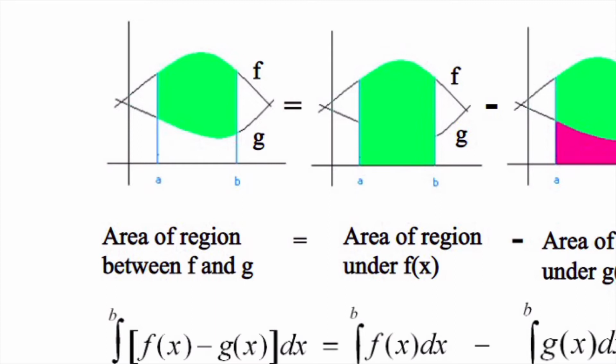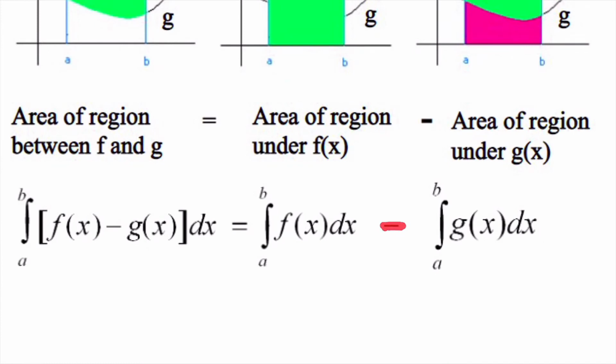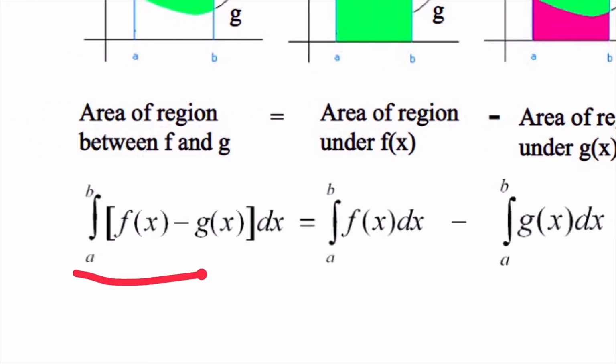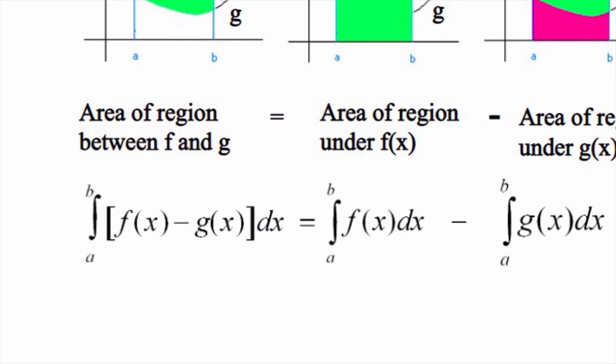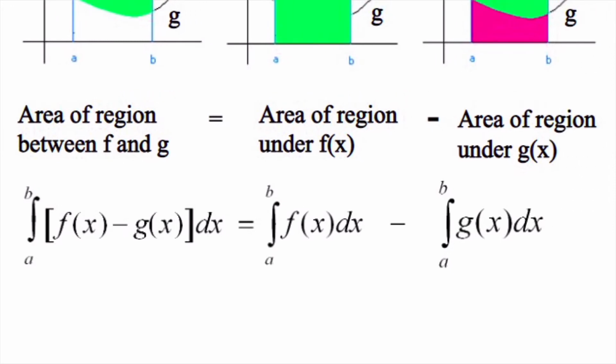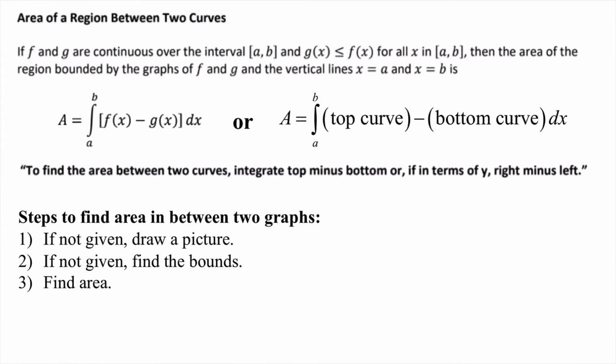Find the entire area, find the piece you don't want, subtract that away. That's where the subtraction comes from, okay? And since they have the same bounds, you can put it together as one expression or equation, okay? That's the whole idea today, okay?